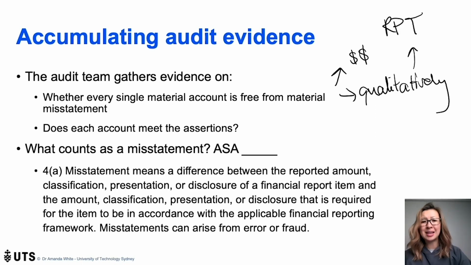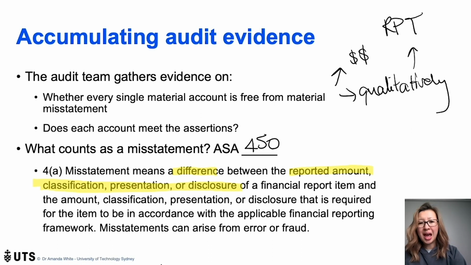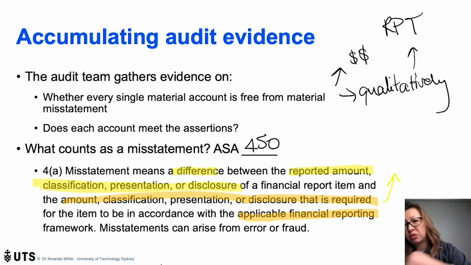Now, what counts as a misstatement? Well, ASA 450, which is about identifying misstatements, says that misstatements are differences between the reported amount, classification, presentation, or disclosure of something, and the disclosure, classification, amount, presentation required by the applicable financial reporting framework. Now remember, our applicable financial reporting framework is our AASBs.